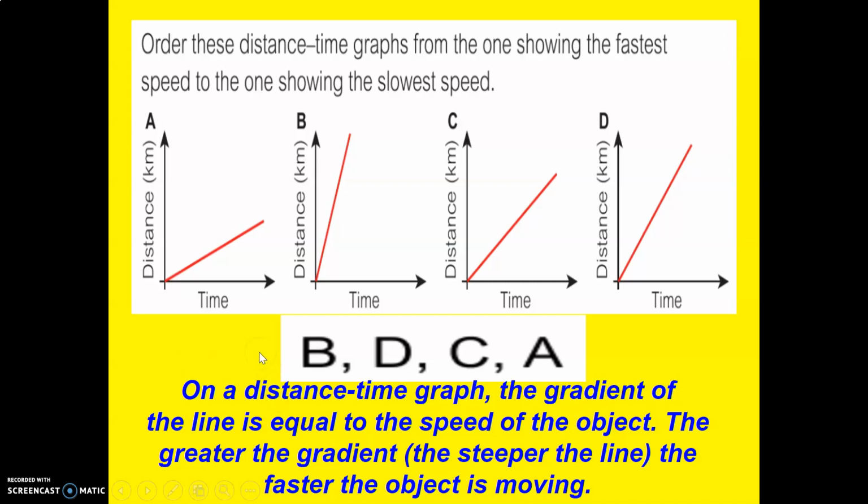So in here, the fastest speed is B. Next is D. Third is C. And the last is A. Simply because on a distance time graph, the gradient of the line is equal to the speed of the object. The greater the gradient, or the steeper the line is, the faster the object is moving.